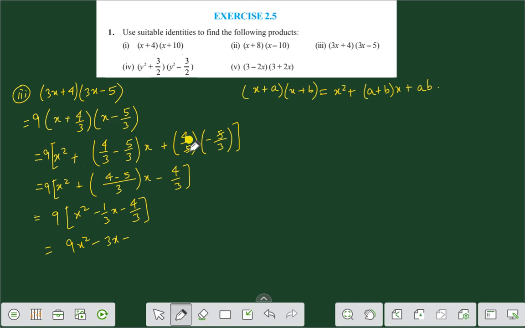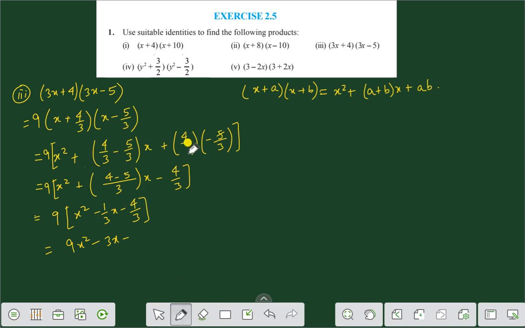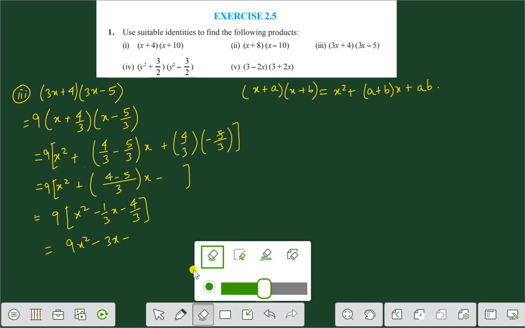Here it is 4 by 3 and minus 5 by 3, so this is not right.